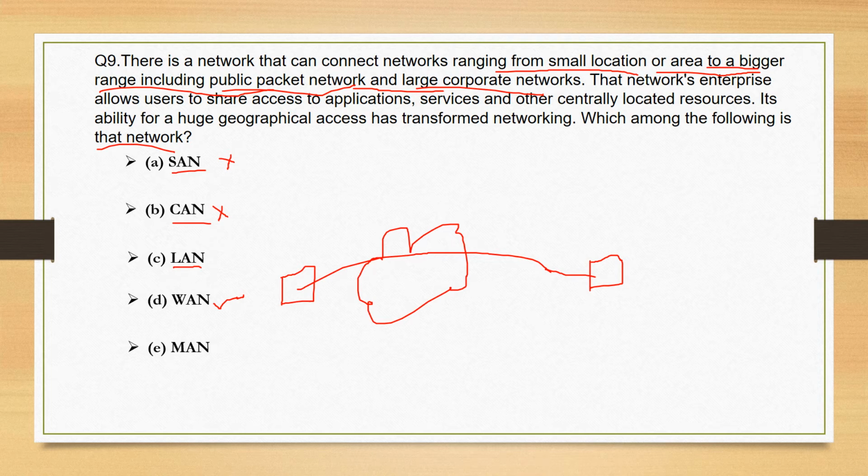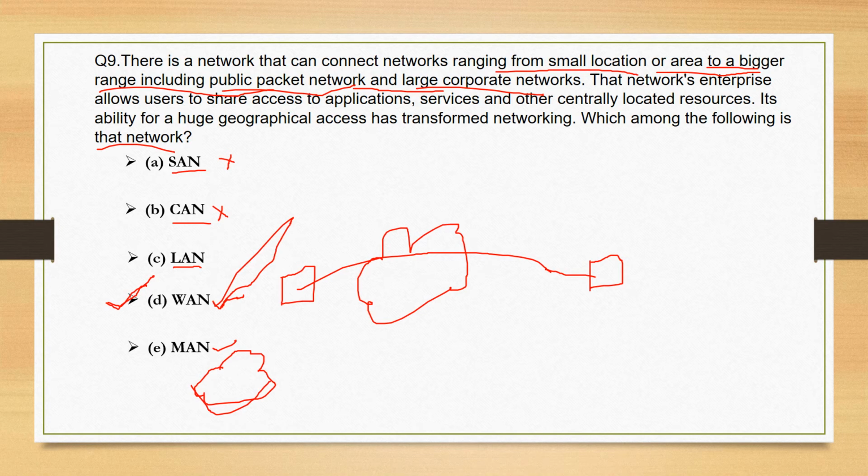So this is very near to our answer. Let's see what is the last option. Last option is MAN. So what is MAN? MAN is a metropolitan area network. So this is a network basically used for a city you can say, or a limited boundary of space. So we will prefer WAN as our correct answer, because this is the option in which public packet networks are also going to come, and large corporate networks are also going to come. So this is the correct answer, WAN.